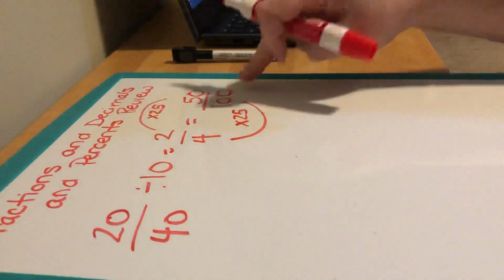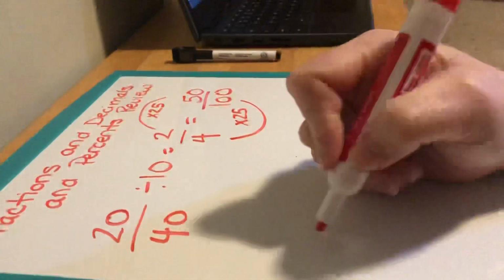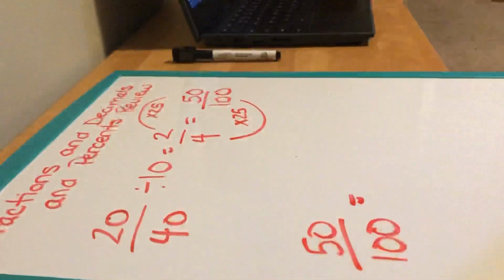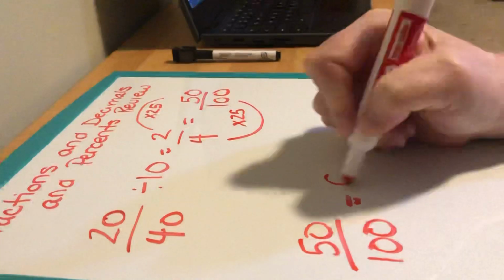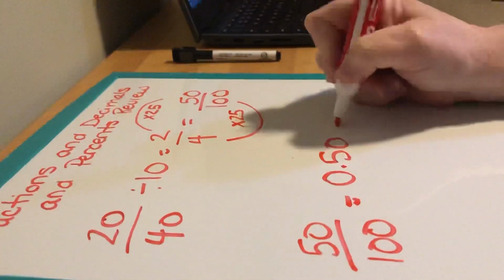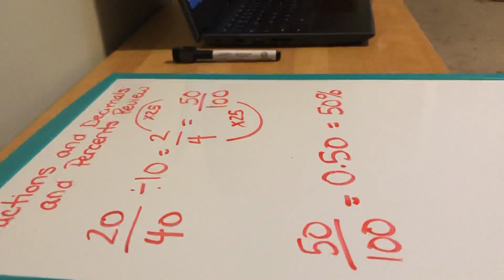As soon as I have a fraction over 100, I can very easily turn that into a decimal. So let's rewrite the fraction over here. I want to turn that into a decimal. Notice how easy that is. And now I want to turn that into a percent. Notice how easy that is. And then we've got it. We've narrowed it down.